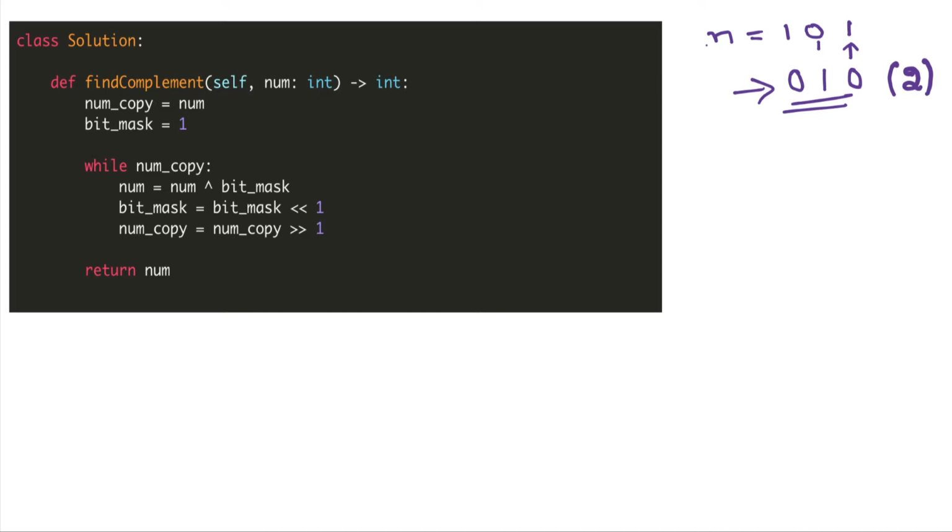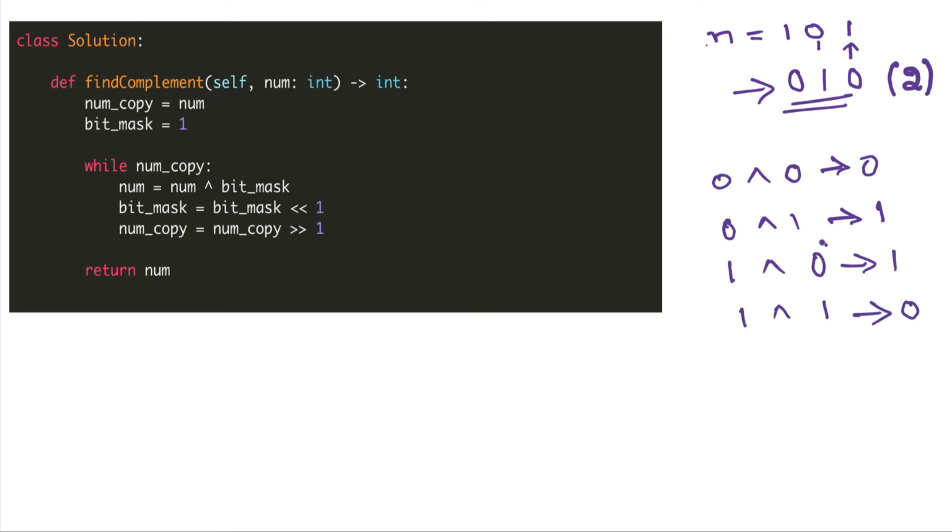For reversing the bit, we use the XOR operation, because if we look at the truth table of the XOR operation, if we XOR 0 with 0, we get 0. If we XOR 0 with 1, the output is 1, and if we XOR 1 with 0, the output is 1, and if we XOR 1 with 1, the output is 0.